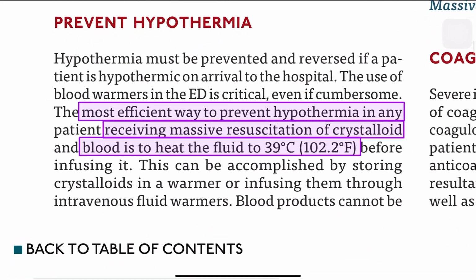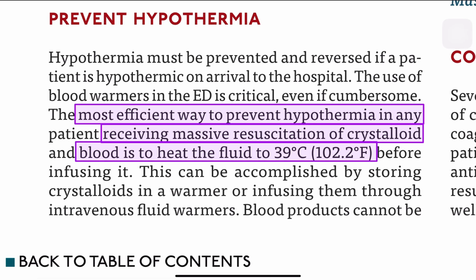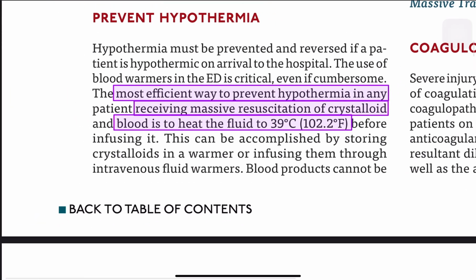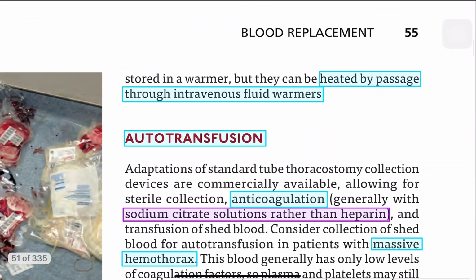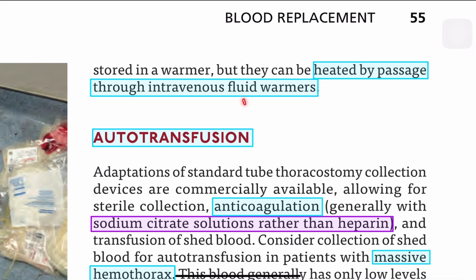How to prevent hypothermia? The most efficient way to prevent hypothermia in any patient receiving massive resuscitation of crystalloid or blood is to heat the fluid to 39 degrees Celsius or 102.2 degrees Fahrenheit, heated by passage through an intravenous fluid warmer.